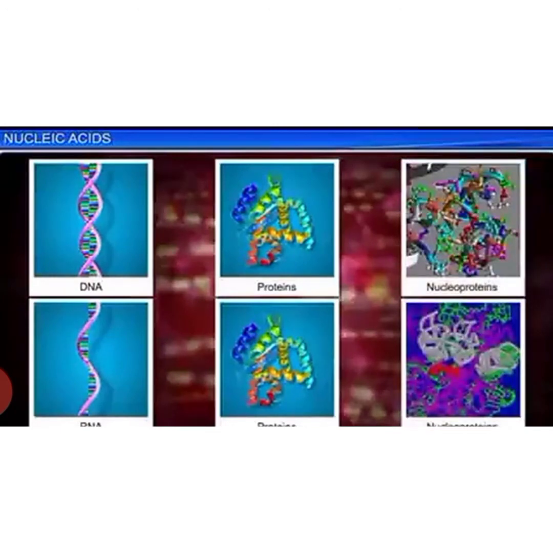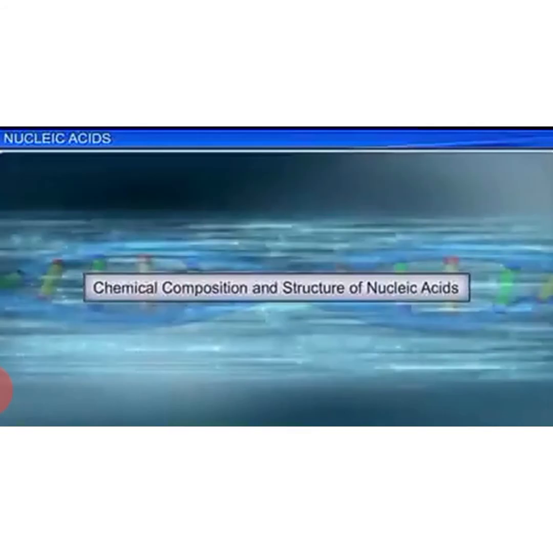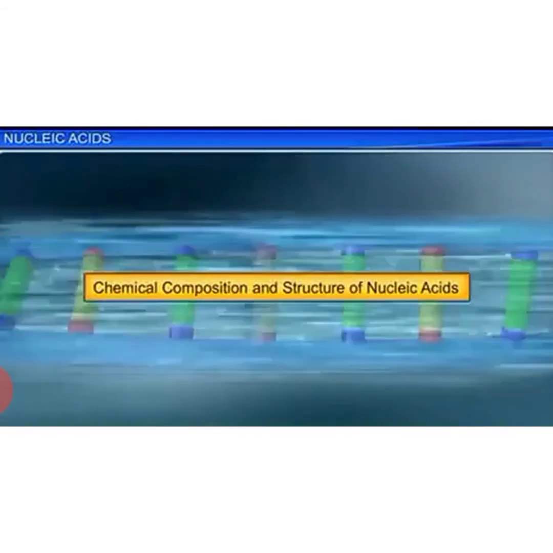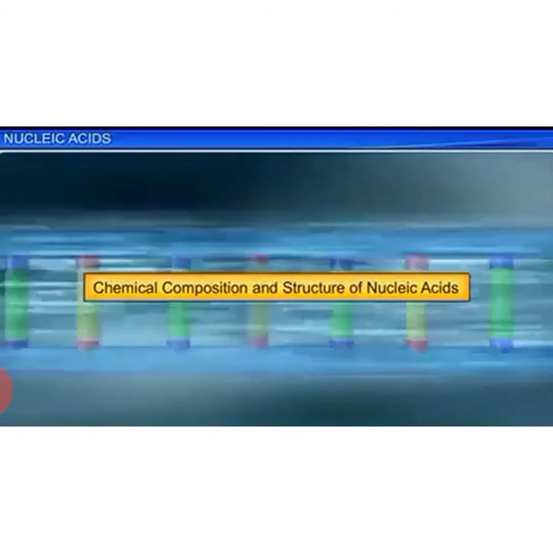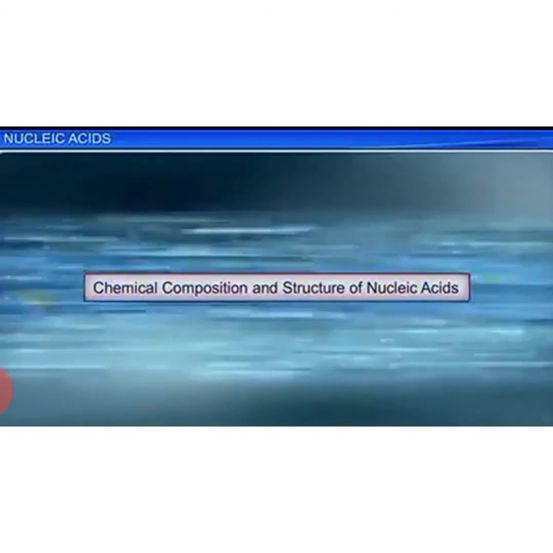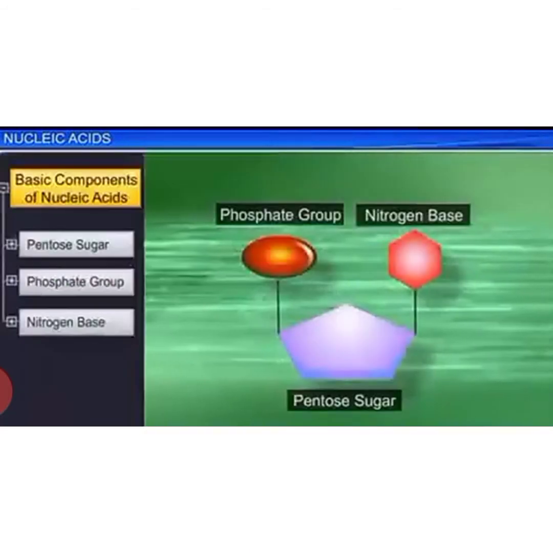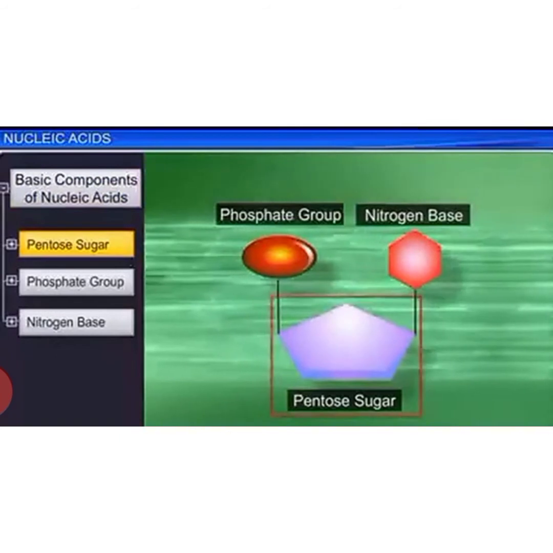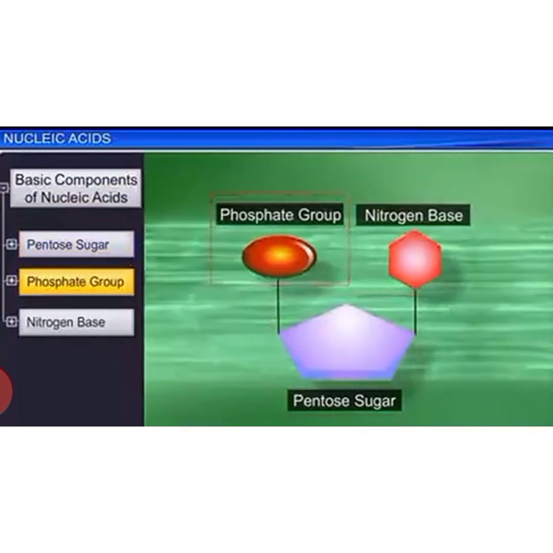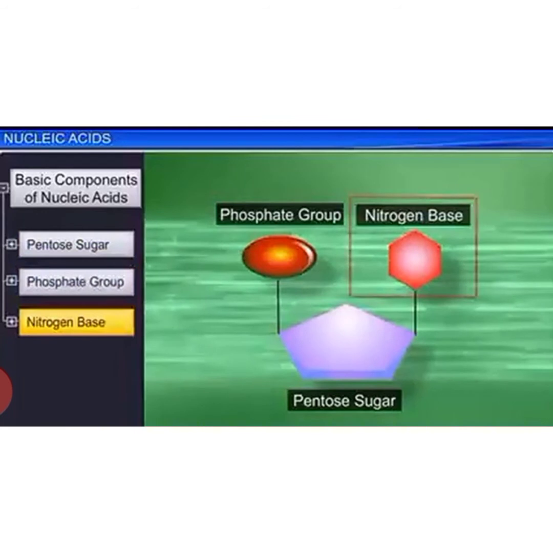Now, in this context, let us look at the chemical composition and structure of nucleic acids. The basic components of nucleic acids include a pentose sugar, a phosphate group, and nitrogen-containing heterocyclic compounds called nitrogen bases.